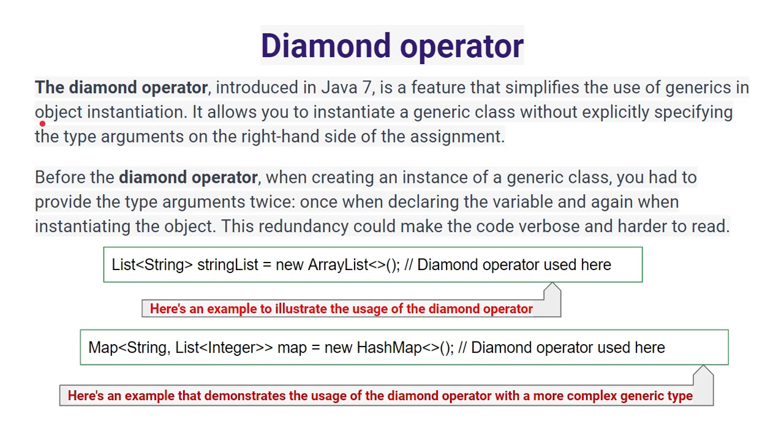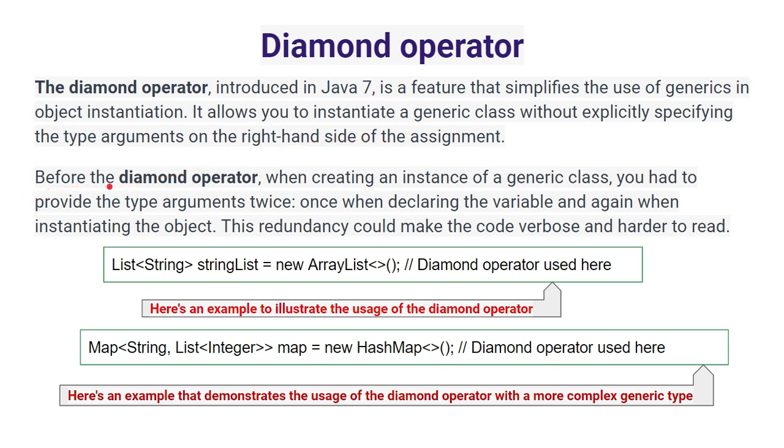What is the diamond operator? The diamond operator was introduced in Java 7, and it's a feature that simplifies the use of generics in object instantiation. It allows you to instantiate a generic class without explicitly specifying the type arguments on the right hand side of the assignment.